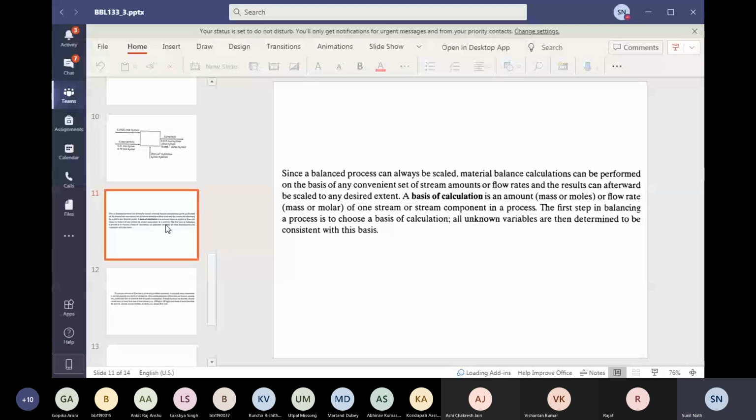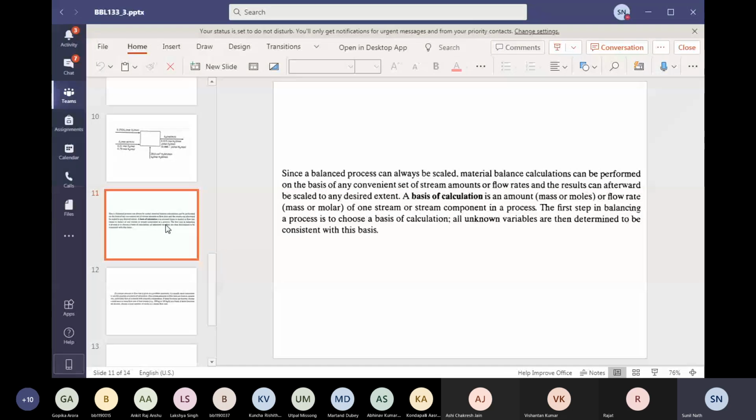But now, normally, it's a very good idea to write down what is the basis on which you are doing the calculation. For a very simple problem, this was not difficult. But it's good to write a basis, meaning, for instance, you can do the calculation depending on the basis of the total number of moles of reactant per minute coming in.